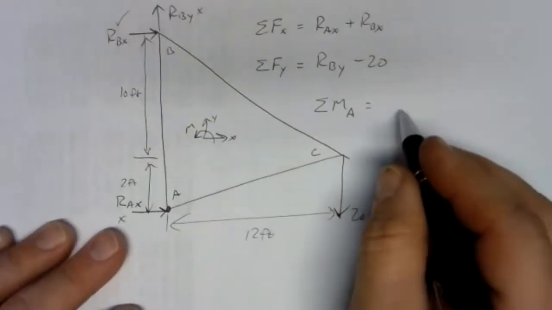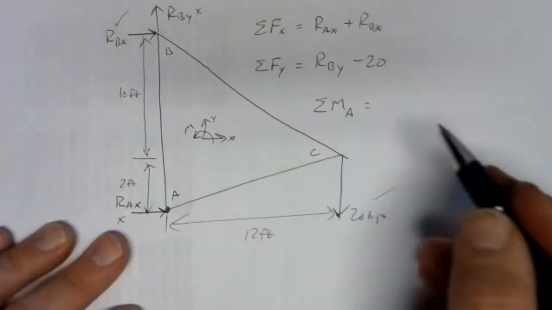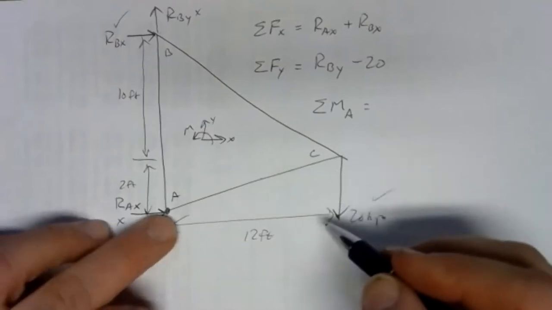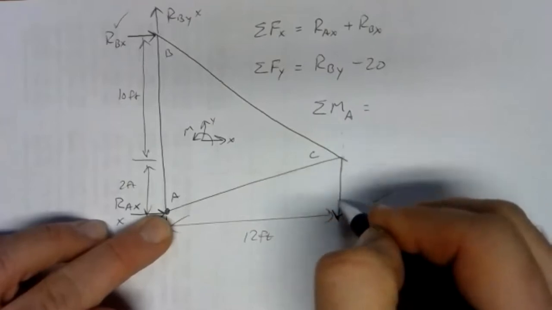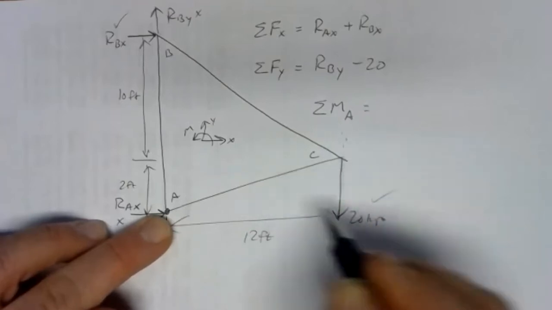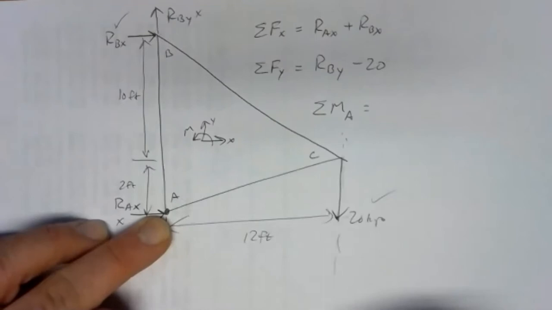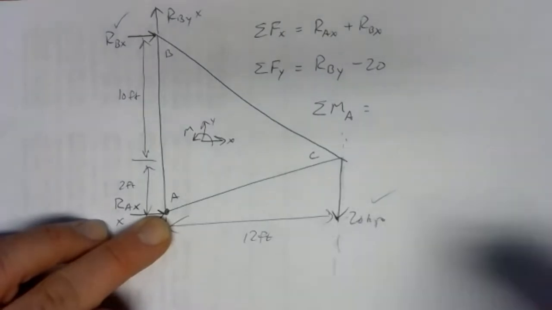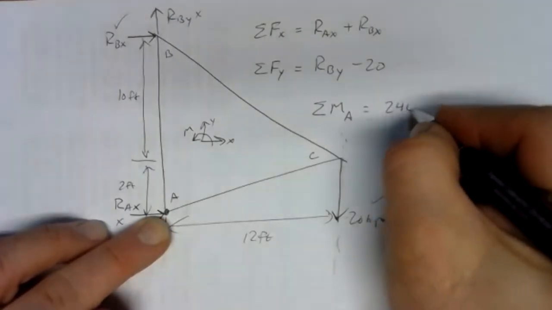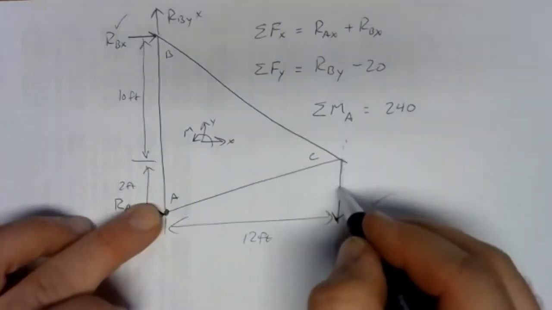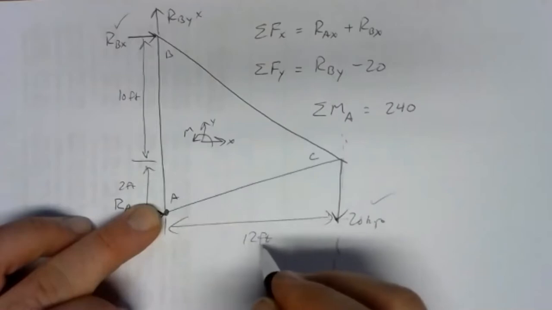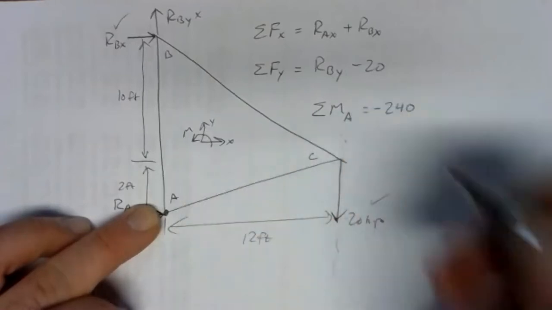To build our moment equation terms, we need arms and forces. The line of action of that 20 kip force is 12 feet away from A. So we've got 12 times 20, that's 240 kip feet. If we pin at A and pull down at C, we have a clockwise moment. And clockwise moments are negative.